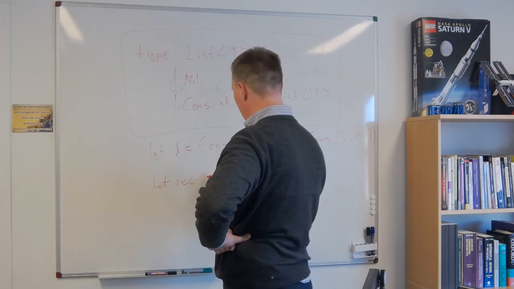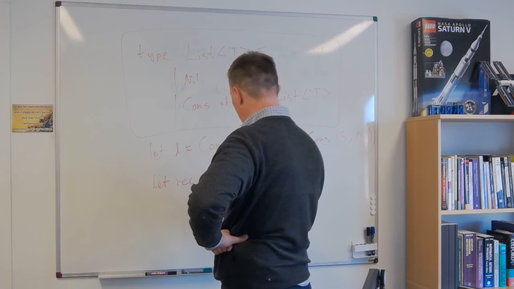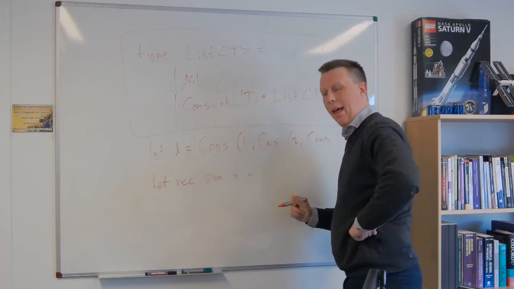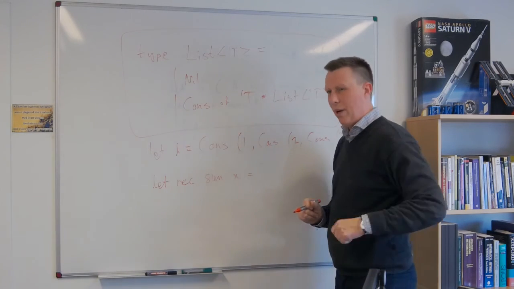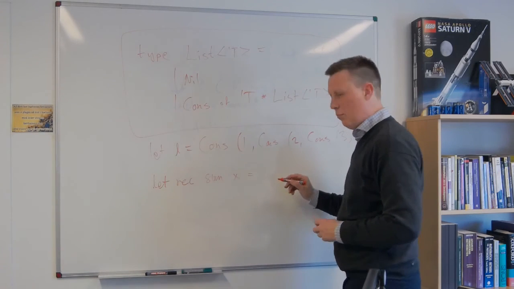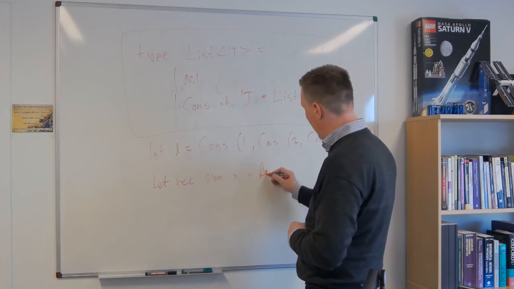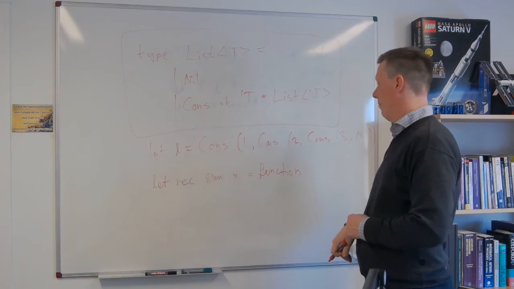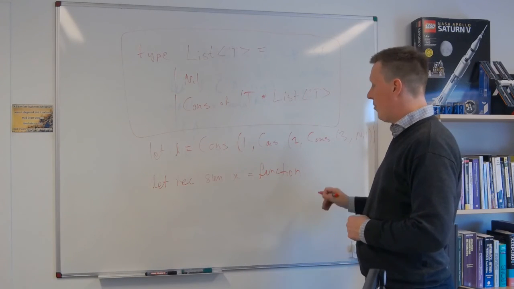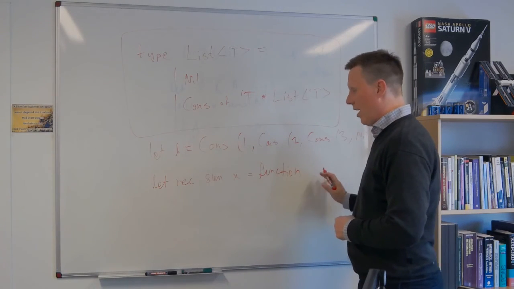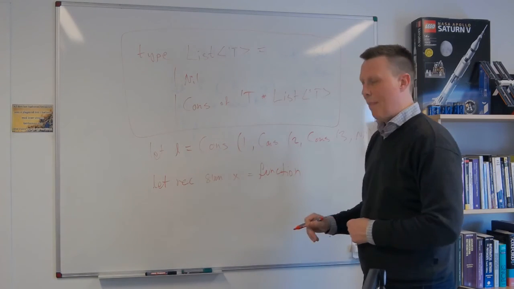So I'm going to do let rec sum x equals, and now there's a shorthand for writing match, which is I can just write function. So this creates essentially a lambda function which takes a single argument and puts it straight into a match.